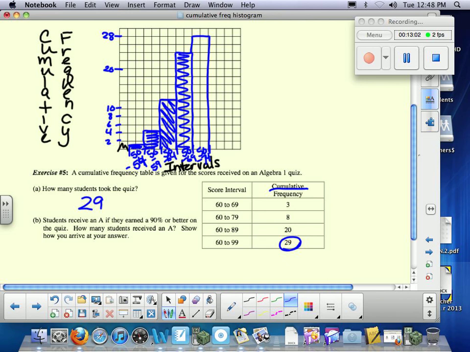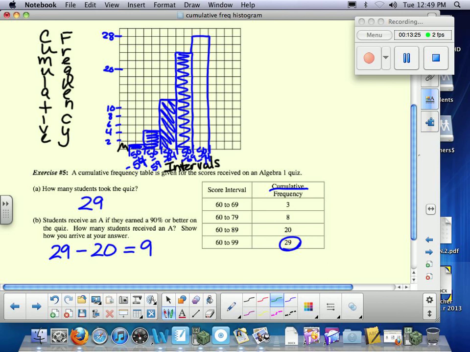What do you think? Macy, what are you thinking? 9. How'd you get 9? Because you take the 20 and subtract it from the 29. So you're saying the 29 in the top level minus the 20 that's just below it gets you the 9 students that have an A.